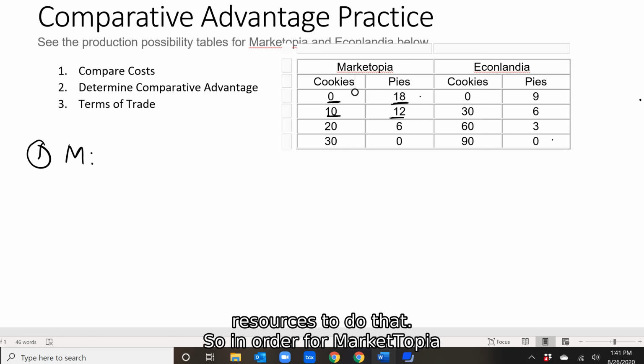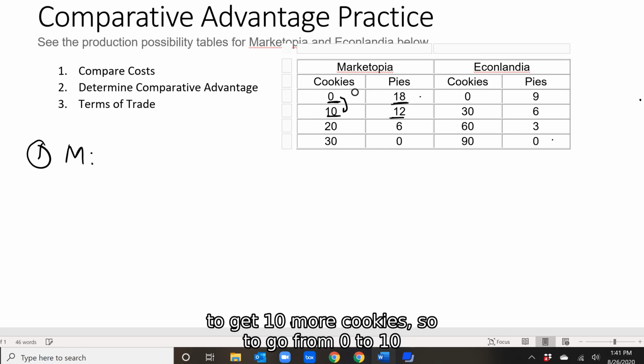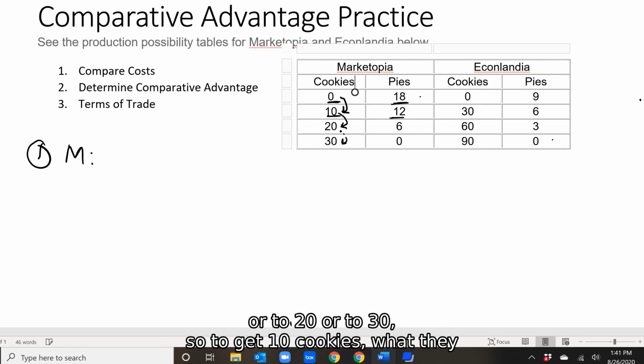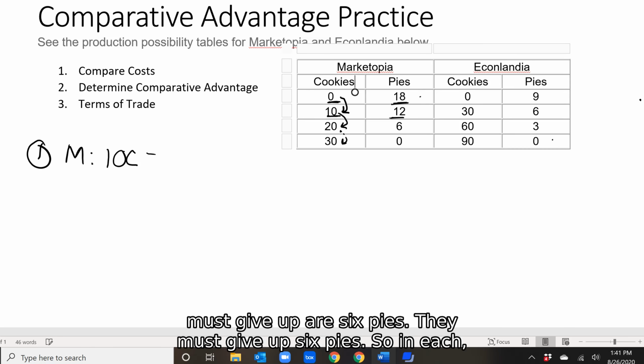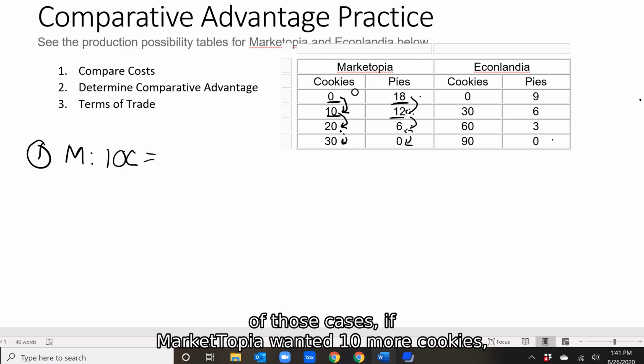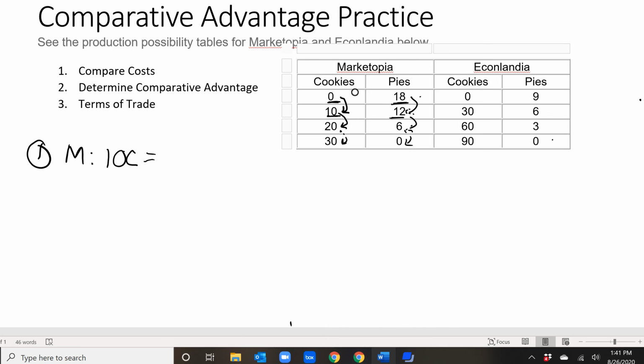So in order for Marketopia to get 10 more cookies, to go from 0 to 10 or to 20 or to 30, what they must give up are 6 pies. They must give up 6 pies. So in each of those cases, if Marketopia wanted 10 more cookies, they had to forego or give up 6 pies.